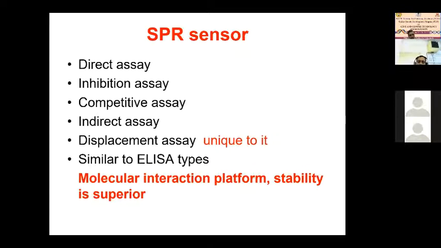Covalent linking is far superior as compared to the physical adsorption in the case of the ELISA, and it does not detach easily by any pH change, temperature, or electrolyte solution. So in that sense, the stability in this platform is superior as compared to the ELISA. Next.